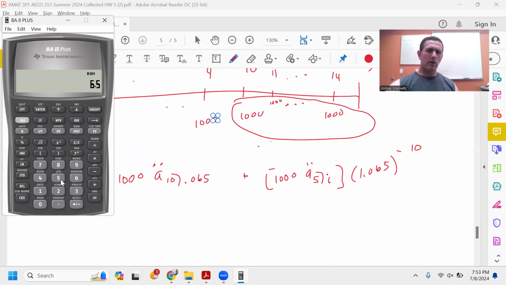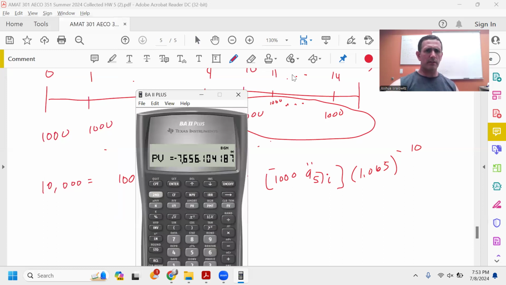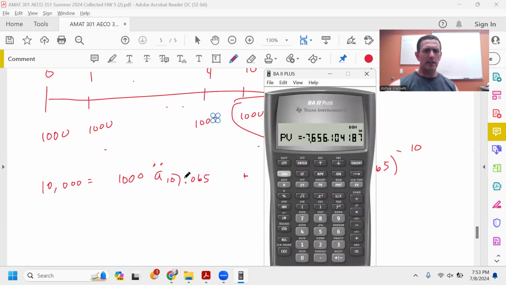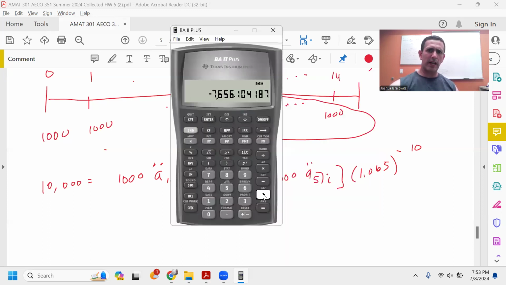Remember, you input your interest rates as a percentage, and it'll spit out a percentage as an interest rate. So compute present value.